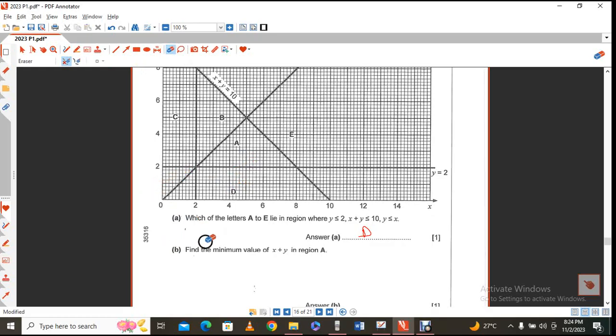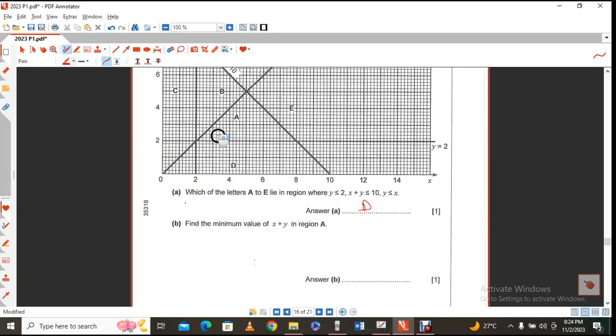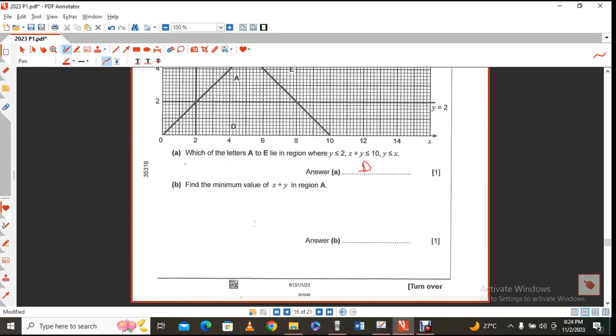When they ask you to find the minimum value of the expression x plus y, we do it by using the vertices, these are the corner points of the feasible region.